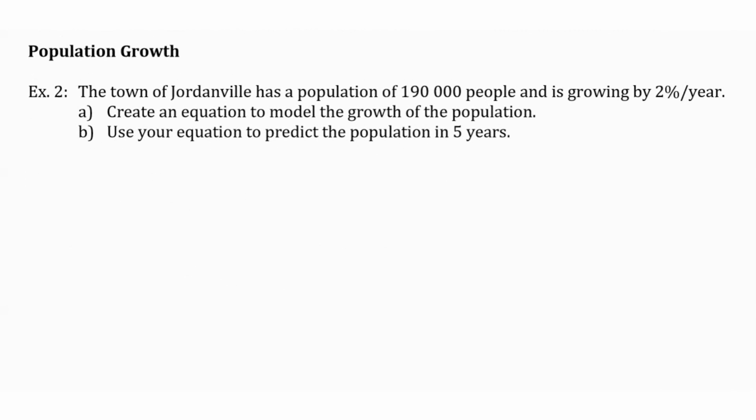So this is population growth. This is a population that's increasing, and it even says it in the question. In some cases it's pretty clear, it's obvious if it's growth or decay, but not necessarily always. Town of Jordanville has a population of 190,000 people and is growing by 2% per year, each year.